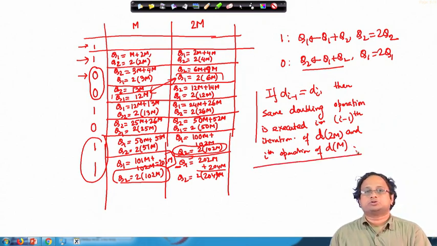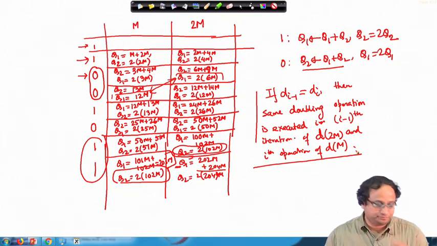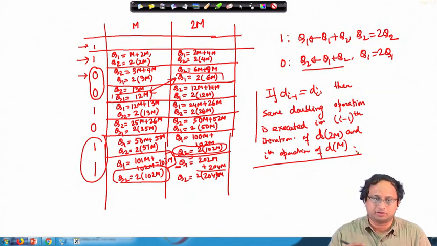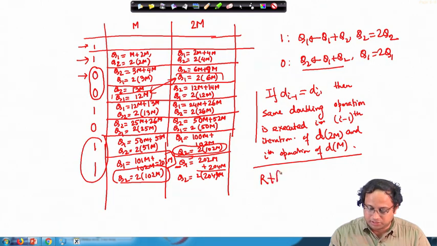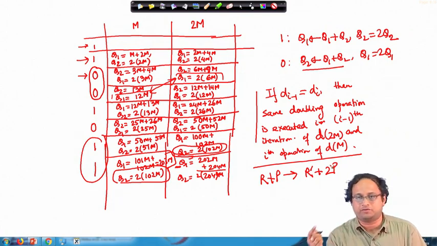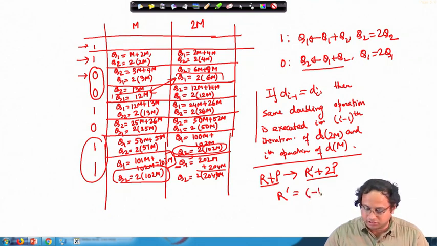Okay. So, this is an attack which you can still try on the Montgomery's ladder. Now, interestingly observe that the way we were updating the mask when we are using Coron's technique is that we had this r plus p. So, this we were modifying to r dash plus 2p. So, imagine that I do a run with p and then I do a run with 2p, then this is what will happen, right. I will add r plus p and here I will add some r dash plus 2p, but the relation between r dash and r is given by this relation minus 1 to the power of b into 2r. Okay.